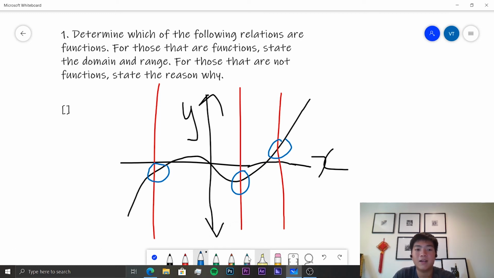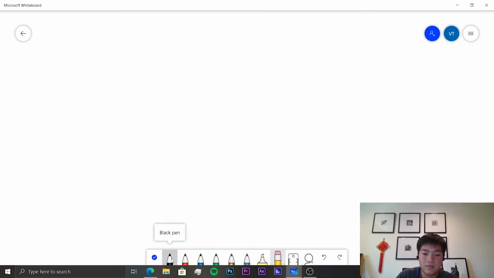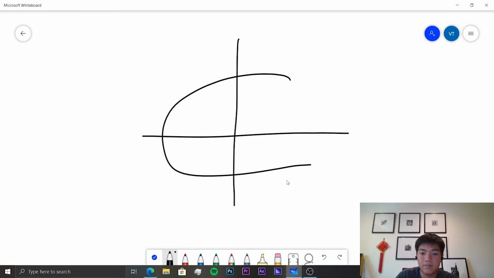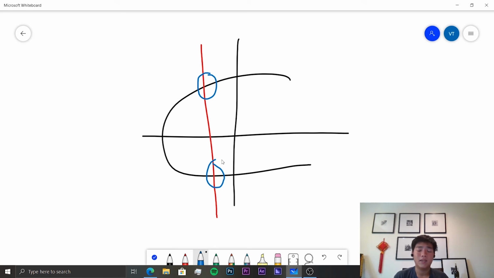And so if we graph something that is not a function, so like let's say this curve over here, now if we draw a vertical line here, you can see there is more than one intersection, and so therefore it cannot be a function. Don't worry about drawing a vertical line over an empty space because functions have predefined domains and ranges, so if it doesn't hit anything, it should be okay.